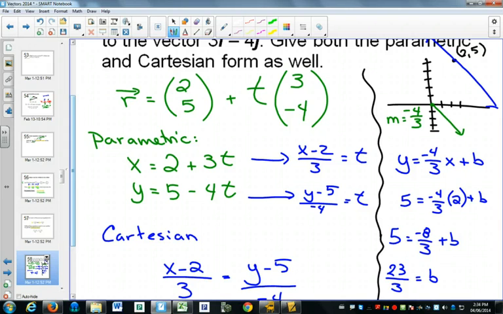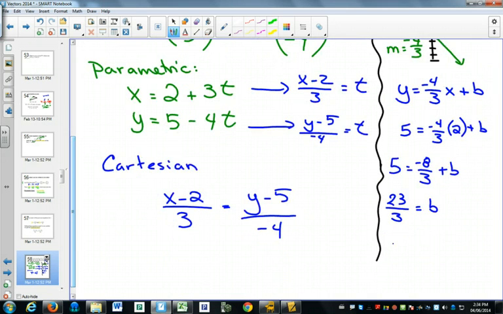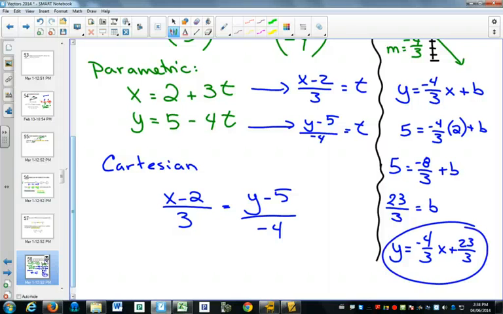So you'd have 23 over 3 is equal to b. So in the end, you would get y is equal to -4/3 x plus 23 over 3. Using our old way, we have to deal with a lot of fractions. Our answer has a lot of fractions because it has a slope, and our y-intercept has a fraction, but this is the equation of the line.